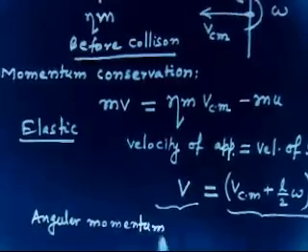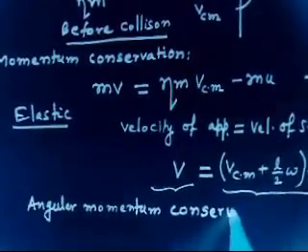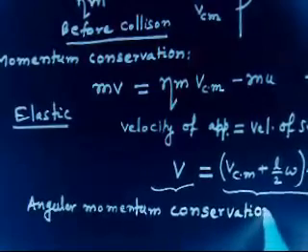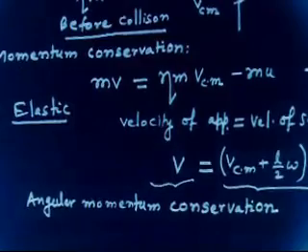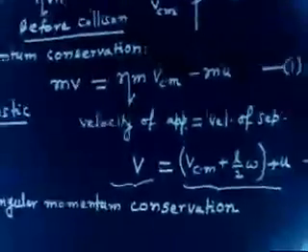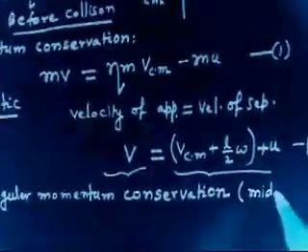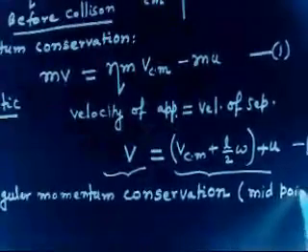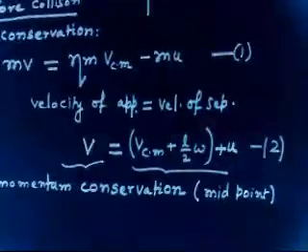So I can write the third equation from angular momentum conservation. Let us try to write the angular momentum conservation equation. What is the initial angular momentum? I am writing this about the midpoint of the rod.